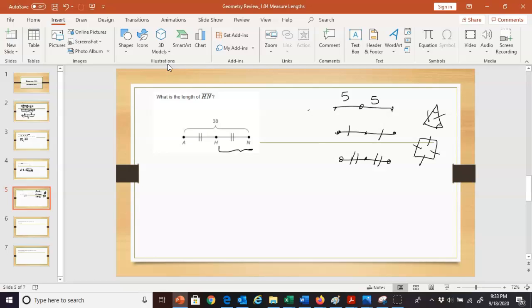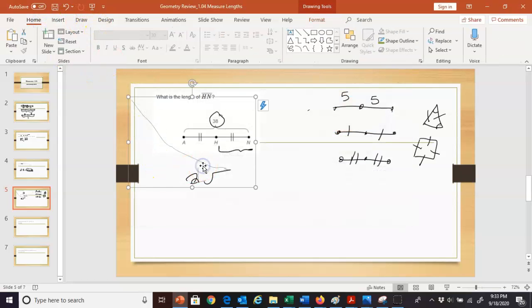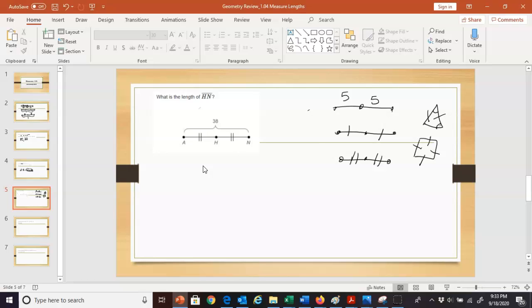With this one, because each piece is equal, all we have to do is divide this number into 2, right? Because there's 2 segments. So 38 divided by 2.